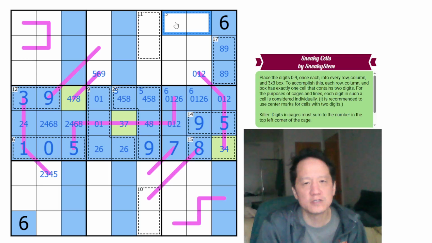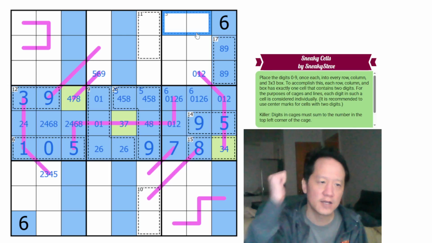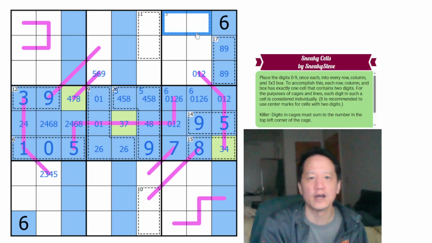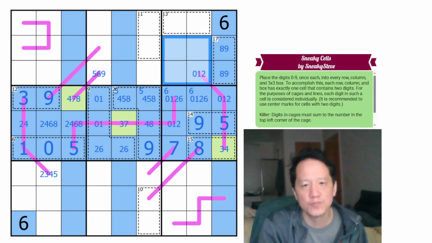These two cells must add up to 13, but it cannot be 6, 7 because of the 6's there. Cannot be 5, 8, and cannot be 4, 9. Therefore, Schrodinger needs to be in one of those two cells, which means none of these are Schrodingers, which means this is only a 5-length Renban, so it must be 1 or 2 here and 1 or 2 here.